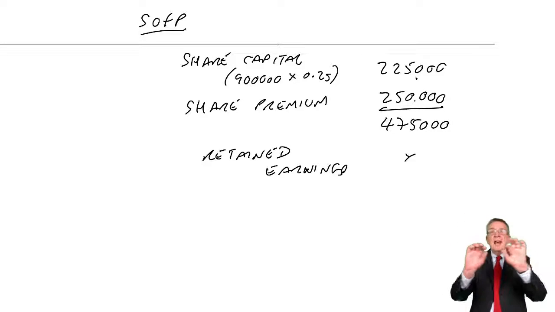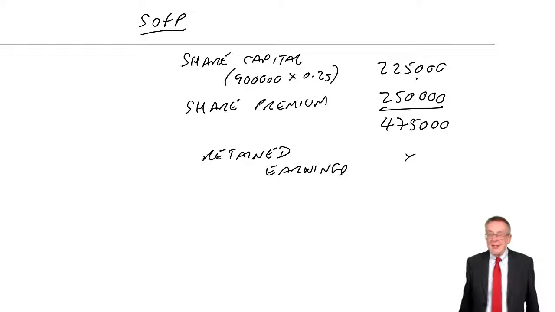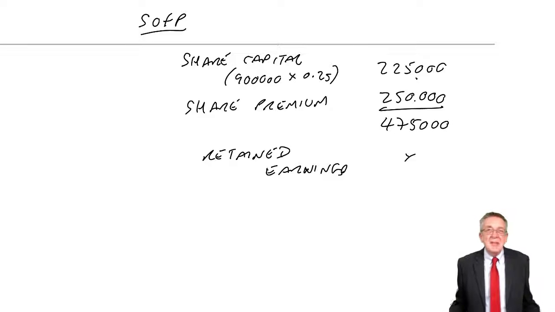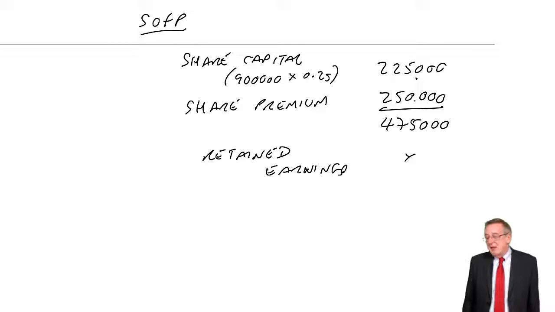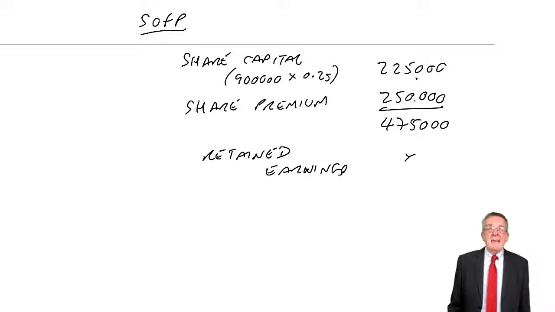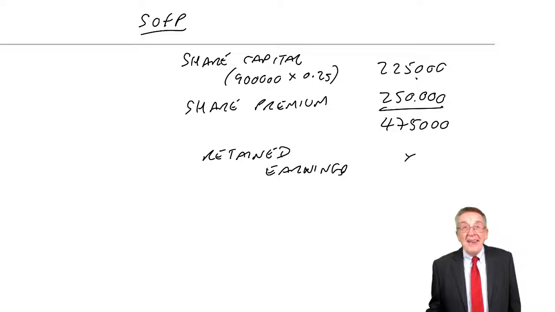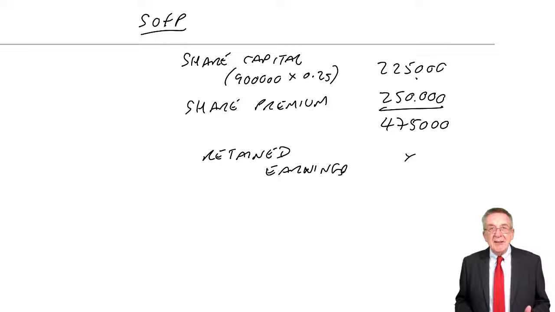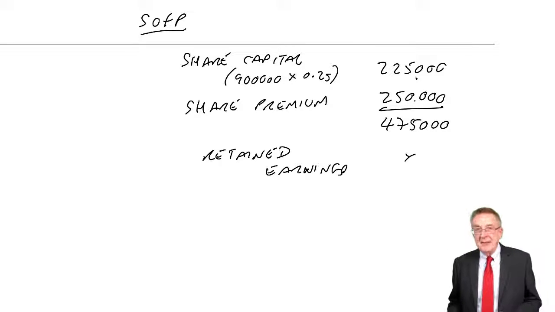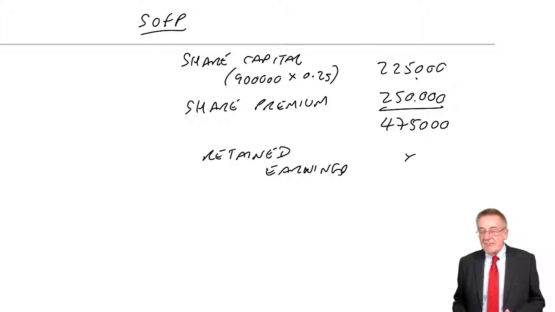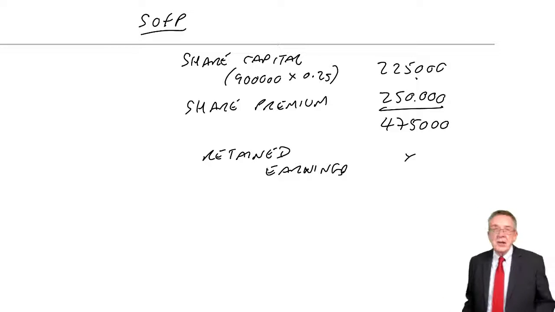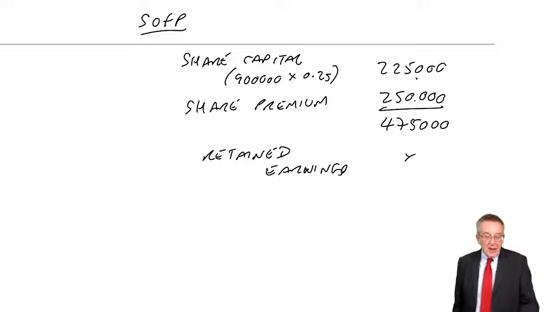Why have two lines on the statement of financial position where effectively they are both capital? You can save a line of printing if we gave them more free shares, reduce share premium down to 0 and increase share capital, it'll look a bit neater rather than having this silly share premium sitting around.